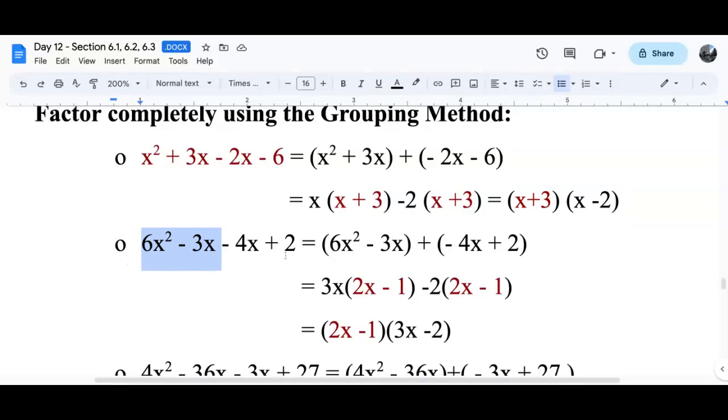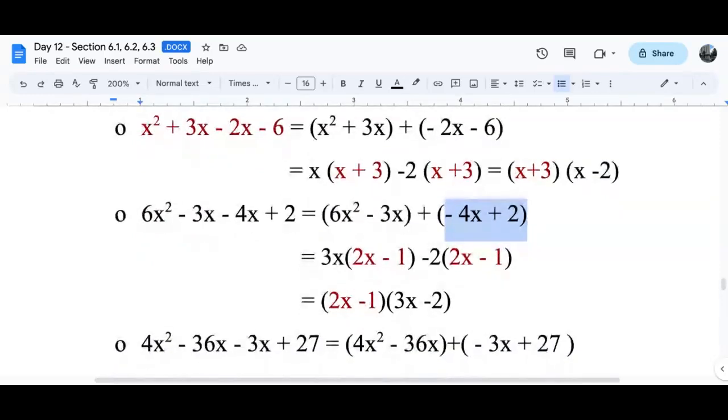Let's see this one. We also want to group them 2 by 2. Sometimes we will not be lucky at the first try, but we can do trial and error. So 6x squared and negative 3x, we have a common factor of 3x. 6x squared divided by 3x, that's 2x left.